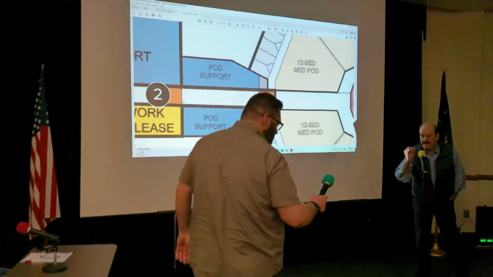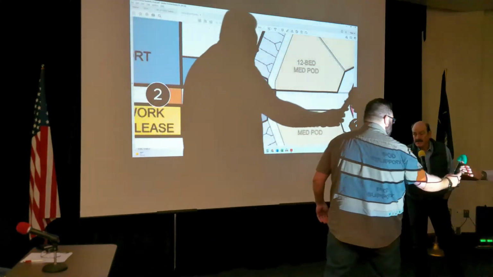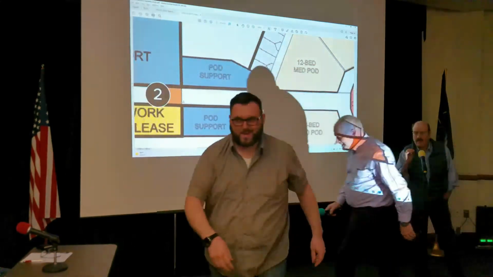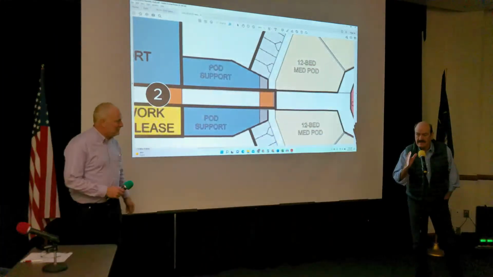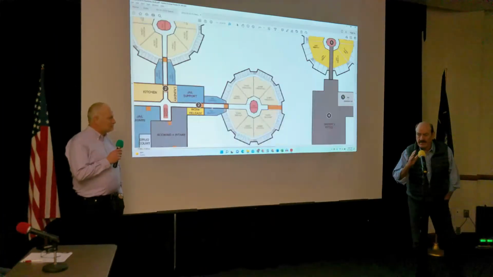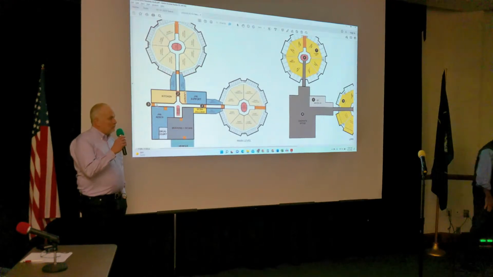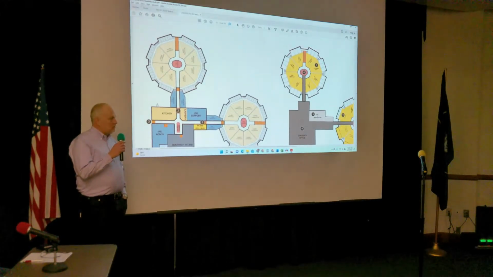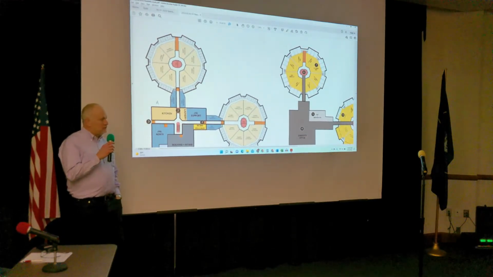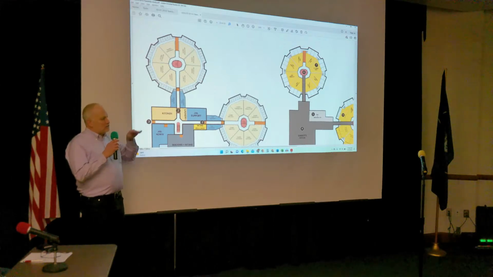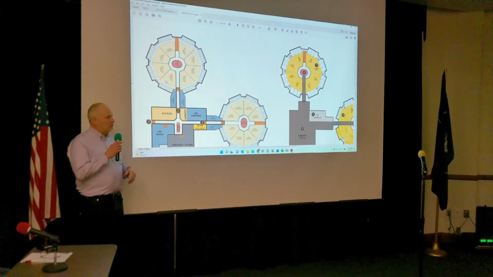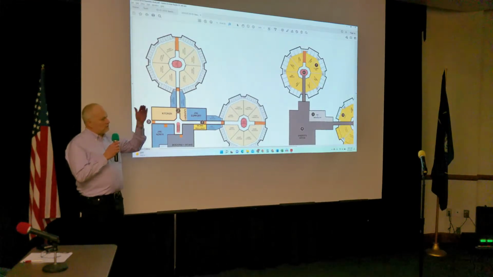My next question is, if you go with the one pod option, where would the female inmates go? And does that provide the proper security for female inmates? Where they're actually located ultimately is the decision of the sheriff and the jail commander. Where we have a two-story arrangement, it stands to reason that perhaps the females would be on one level and the males on the other level.